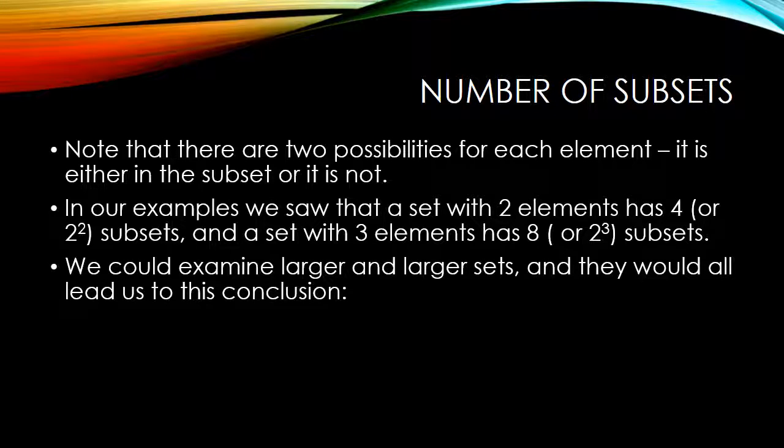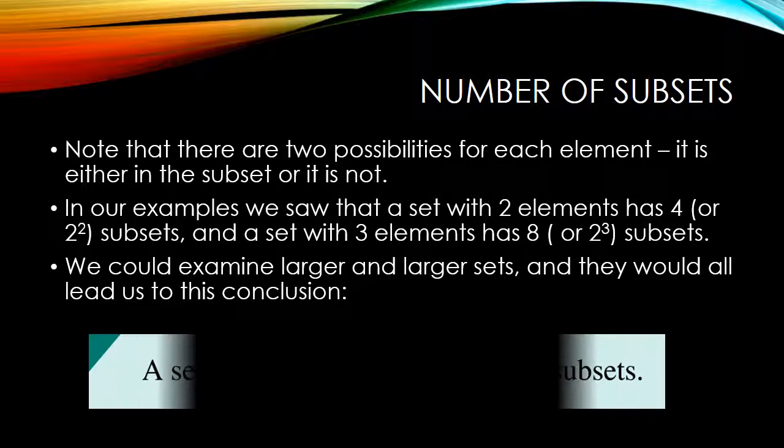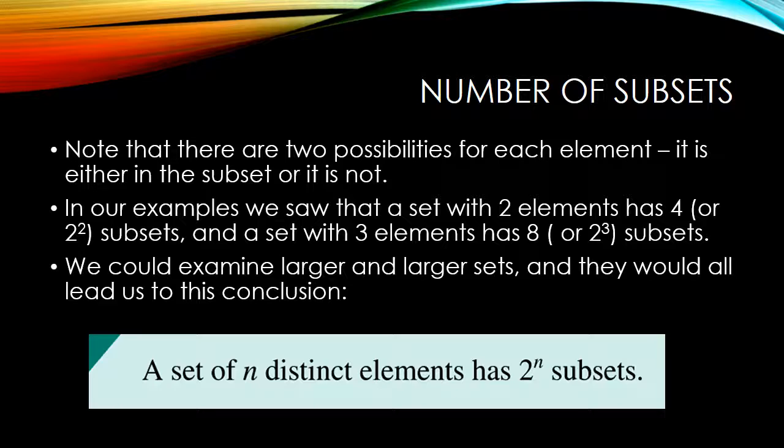We could keep doing examples and increasing set size, and you can test this statement, but they would all lead you to this conclusion: a set of n distinct elements has 2 to the n subsets. In other words, if you have a set with 5 elements, you can make 2 to the 5th subsets. If you have a set with 10 elements, you can have 2 to the 10th subsets.